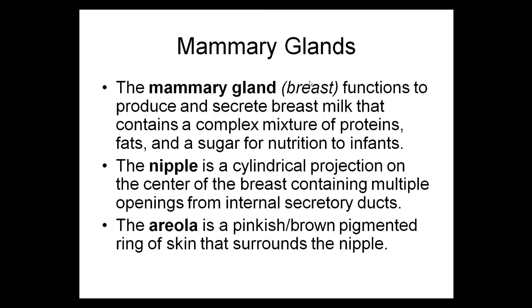Then we will move into the last accessory reproductive organ, and that will be the mammary gland. The mammary gland produces and secretes milk. We have the acini of the milk, surrounded with connective tissue, and that connective tissue is pierced by long fibers coming from the fascia on top of the pectoralis major.